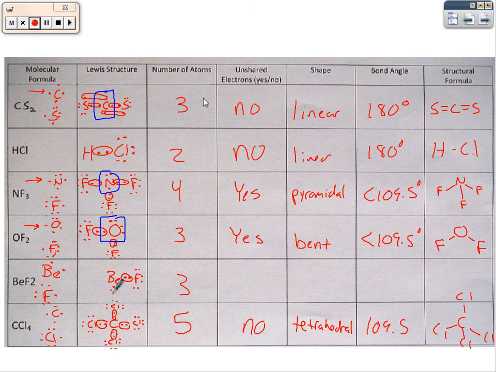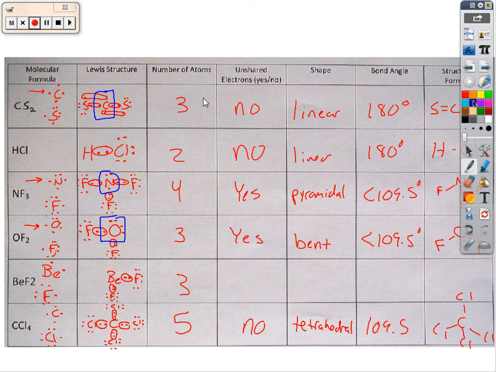There's 1. There's 2. Now don't let that bent shape fool you. When you look at that central atom, the beryllium, we have circled all its electrons. So there are no unshared electrons there.